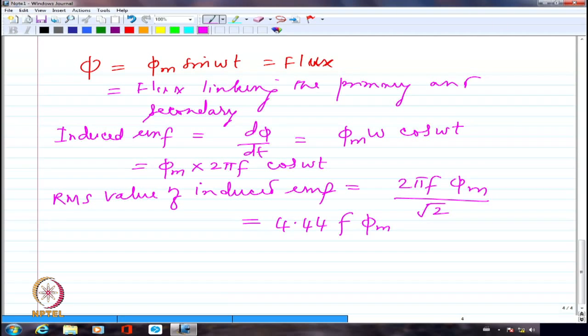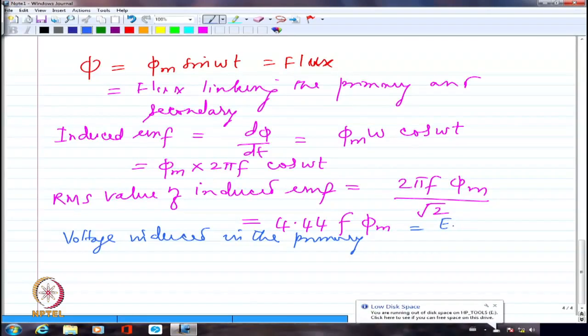If I talk about one turn, the induced EMF is d phi by dt. If I talk about N turns which are connected in series, the total voltage induced will be N times d phi by dt. So I can say the voltage induced in the primary, if this is ET, that is voltage induced per turn, will be ET multiplied by N1, where N1 is the number of turns in the primary.